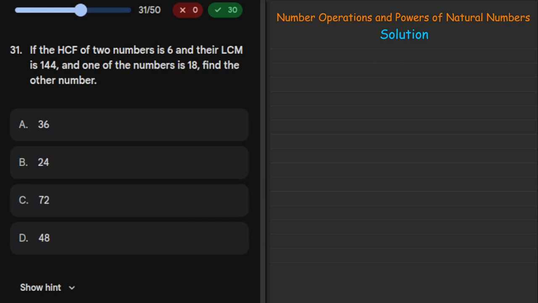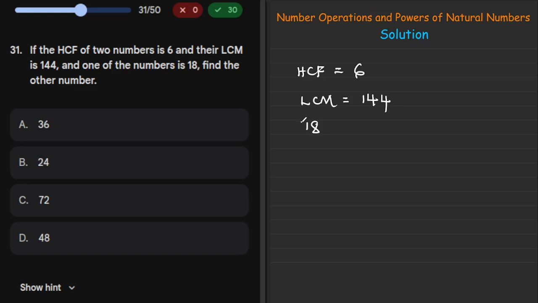Question number 31. It says, if the highest common factor of two numbers, so we have HCF of the two numbers being 6, and then the LCM of the two numbers also being 144, and one of the numbers is actually what? 18. We have to find the other number.